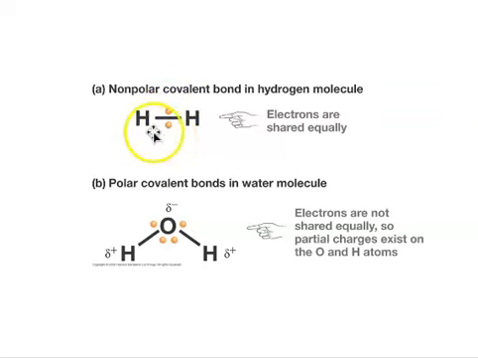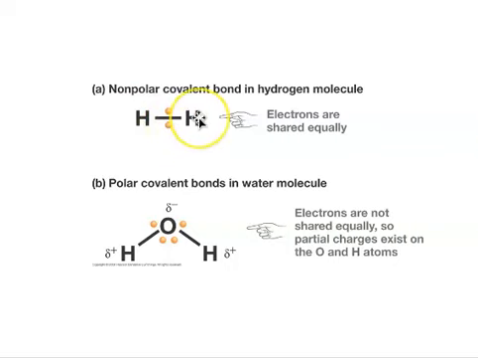Now, when you have two of the same atoms coming together with a covalent bond, those same atoms are going to have the same electronegativity, of course. They're going to be pulling on the electron pair equally in both directions. And that's being shown by placing the electron pair right in the center of that bond.